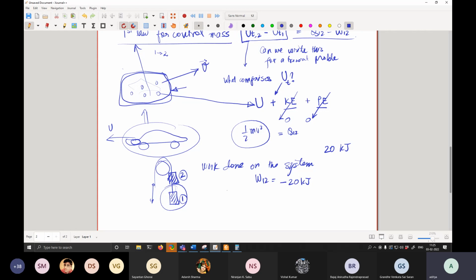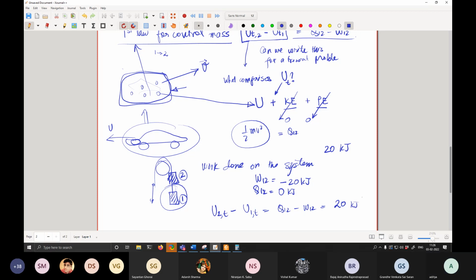Is there any heat transfer in the problem? No. So Q12 is 0. So we have U2 total minus U1 total equal to Q12 minus W12, which is going to be equal to 20, because minus W12 is minus of minus 20, which is 20.